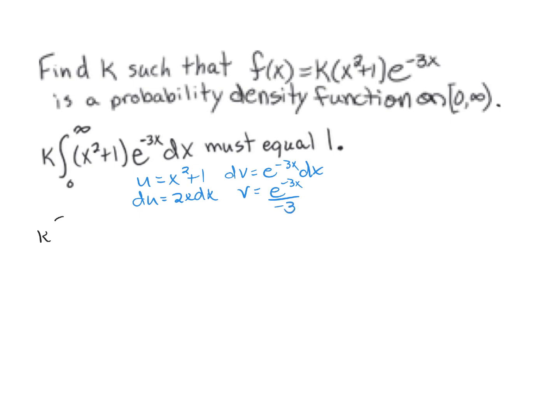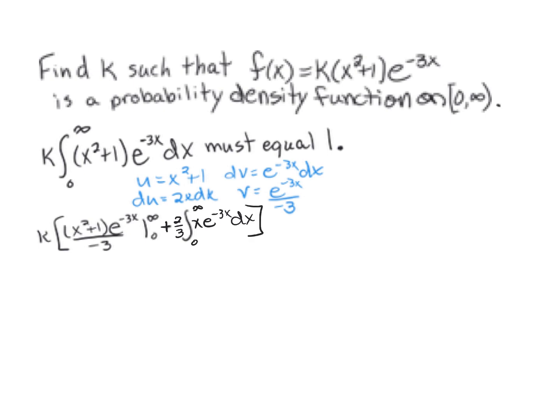We have k times u times v, which is going to be evaluated from 0 to infinity when we're finished, minus the integral of v times du. The v has a minus 3 in the denominator. The du has a 2 in the numerator. So I'm going to pull out the negative and the 2 and the 3. That leaves me with x e to the minus 3x dx. This goes from 0 to infinity.